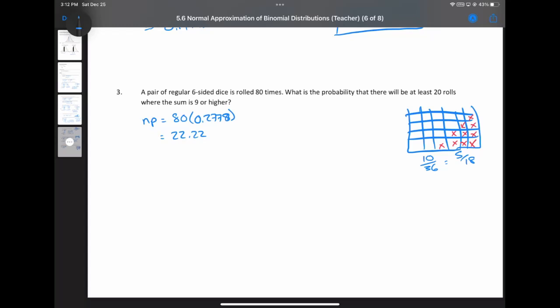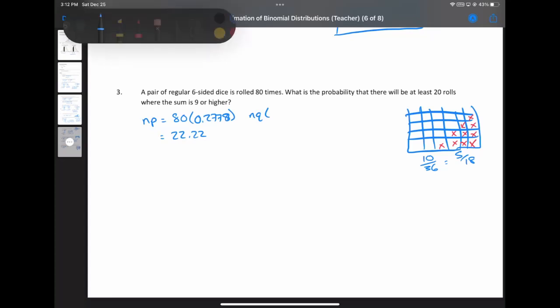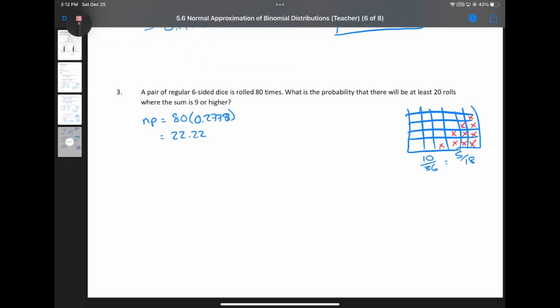Now, if that's the probability of success, then the probability of failure would be 1 minus the 0.27 repeating, which is 0.72 repeating. I don't even need to punch that into my calculator.